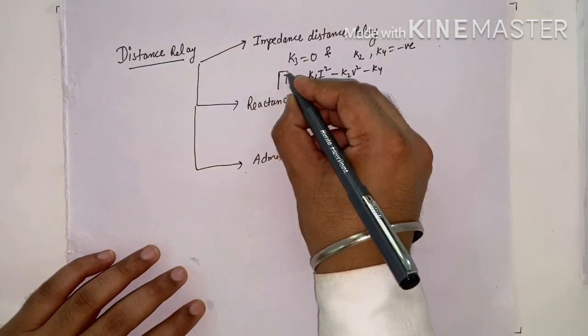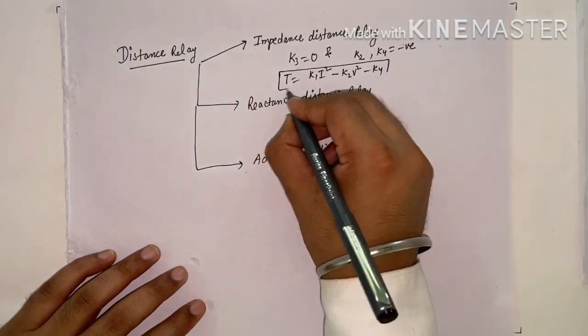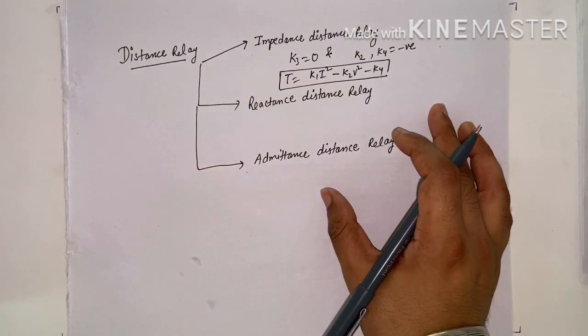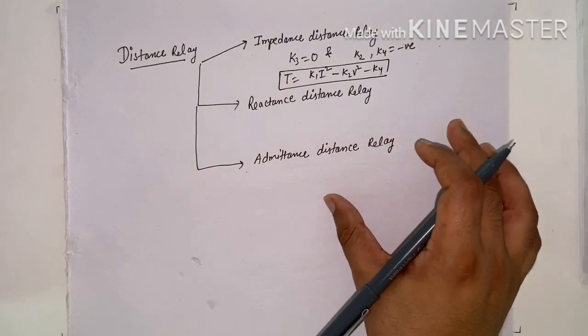So this is the torque equation in the case of the impedance relay. Similarly, we can see the reactance distance relay torque equation and the admittance distance relay.